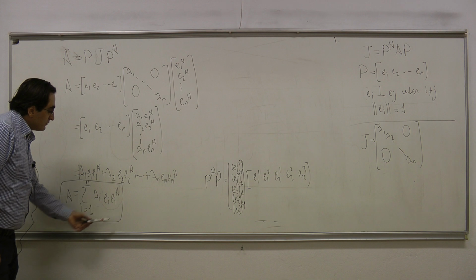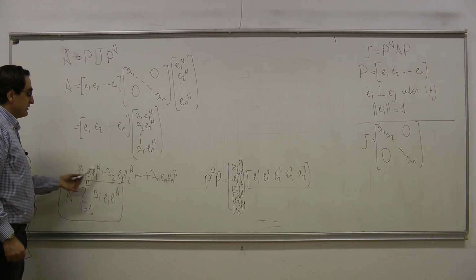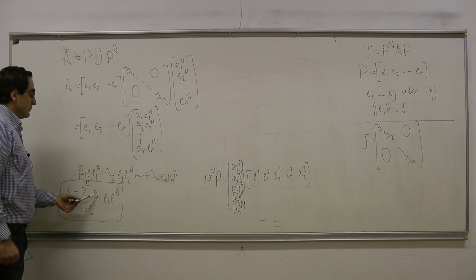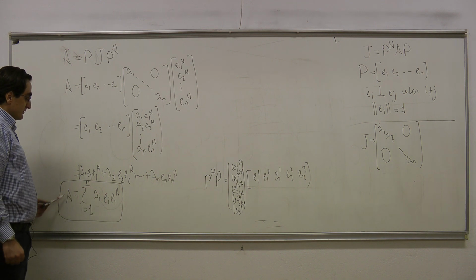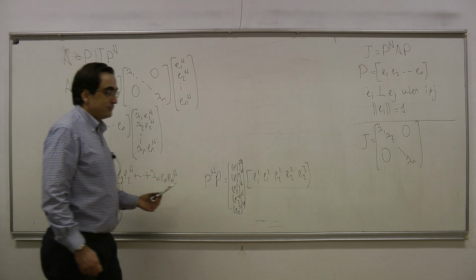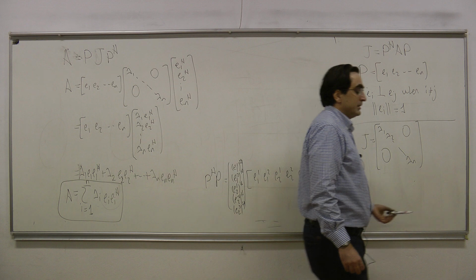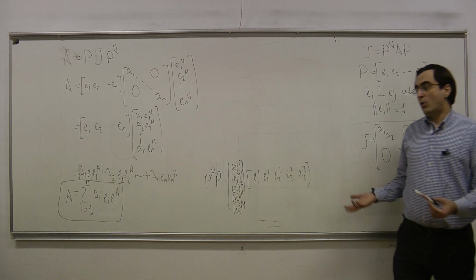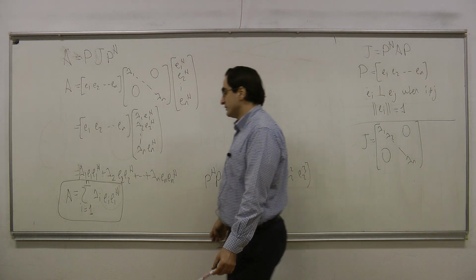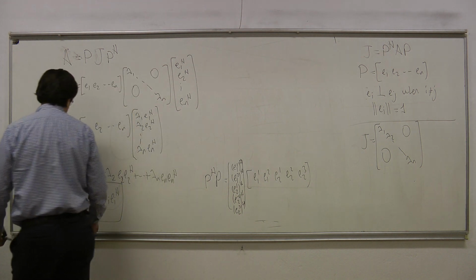So for each Hermitian matrix, we have a decomposition of it into its eigenvalues and eigenvectors in this form. This is a fact that is used in telecommunications theory or in statistical signal processing really a lot.